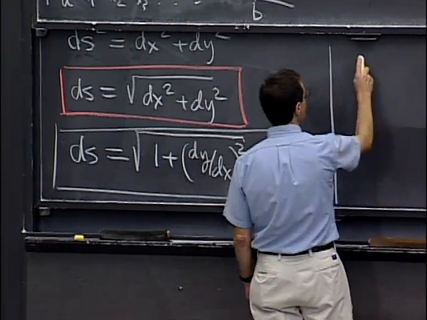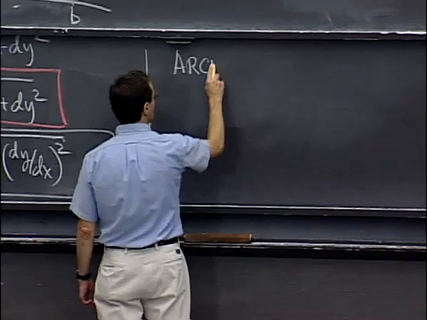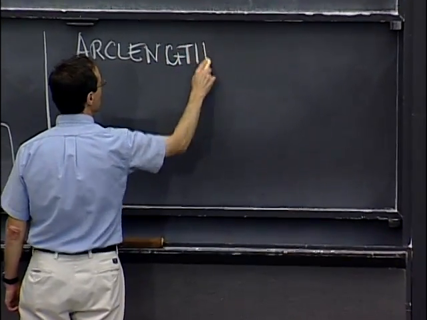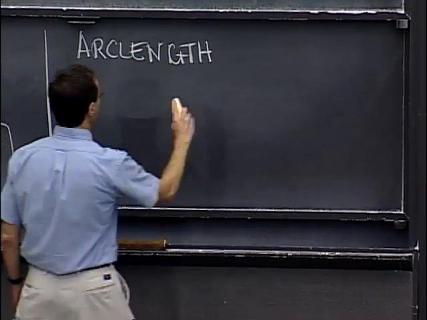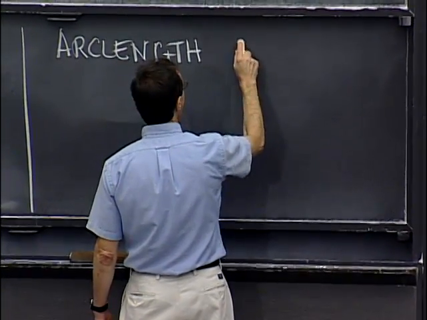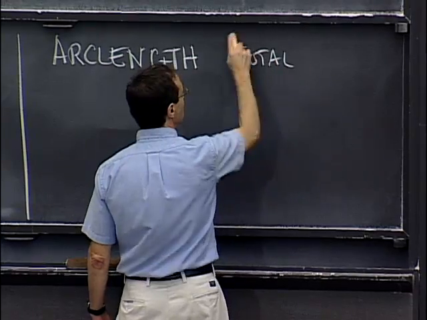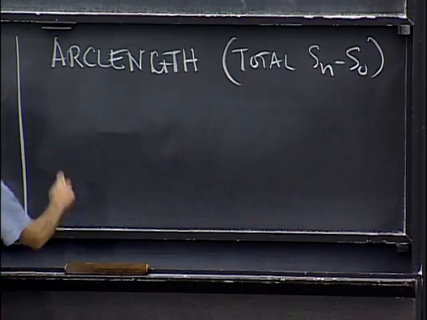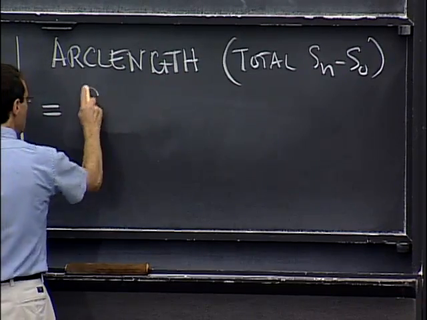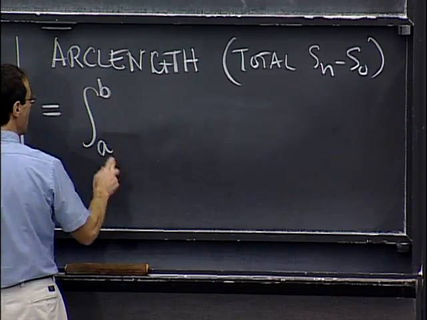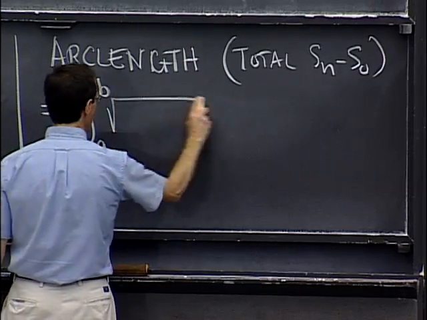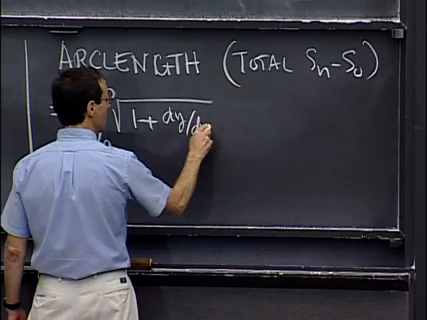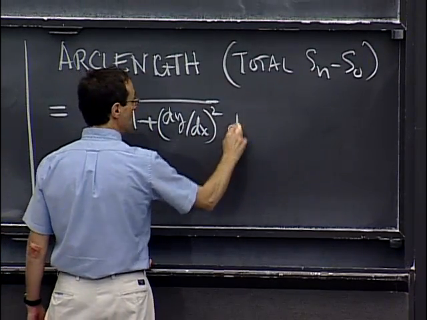So the conclusion is that the arc length, which, if you like, is this total Sn minus S0, is going to be equal to the integral from a to b of the square root of 1 plus (dy/dx) squared, dx.